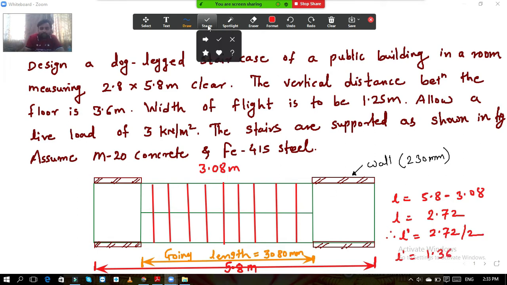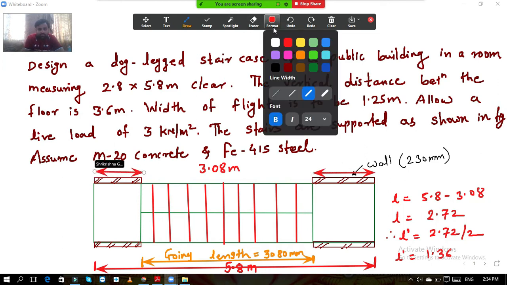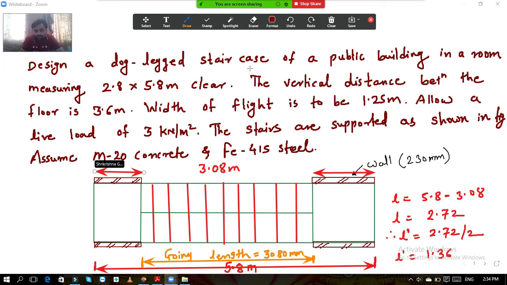So this remaining length, from here to here, this length and this side, this length is 1.36 meter.